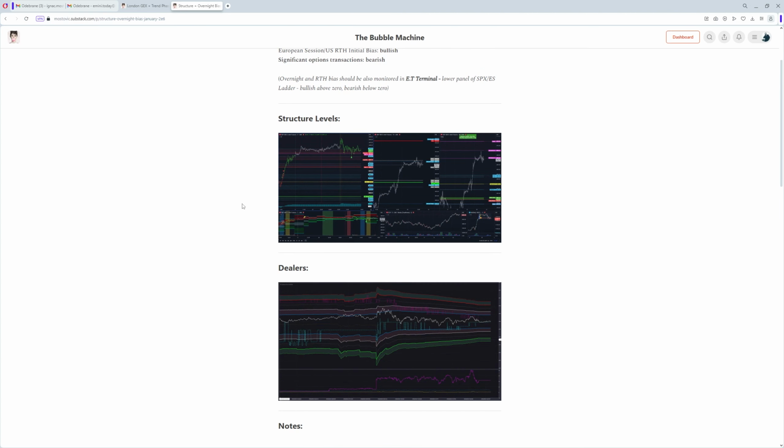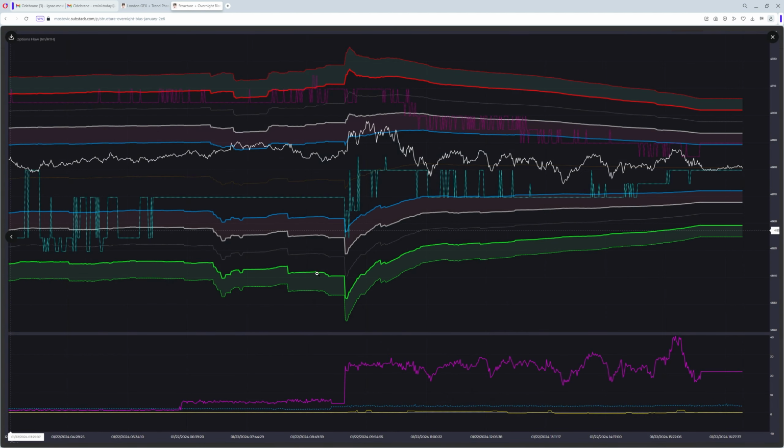Okay, and what we have here are these two charts. The dealers, okay, and the structural levels. Okay, so let's go first to dealers. And in dealers, you check the very beginning of this lower panel.